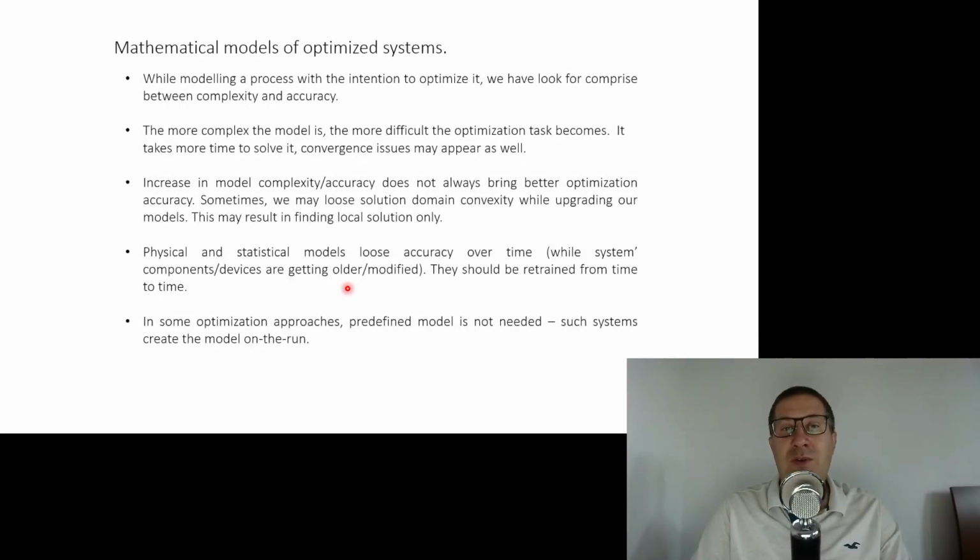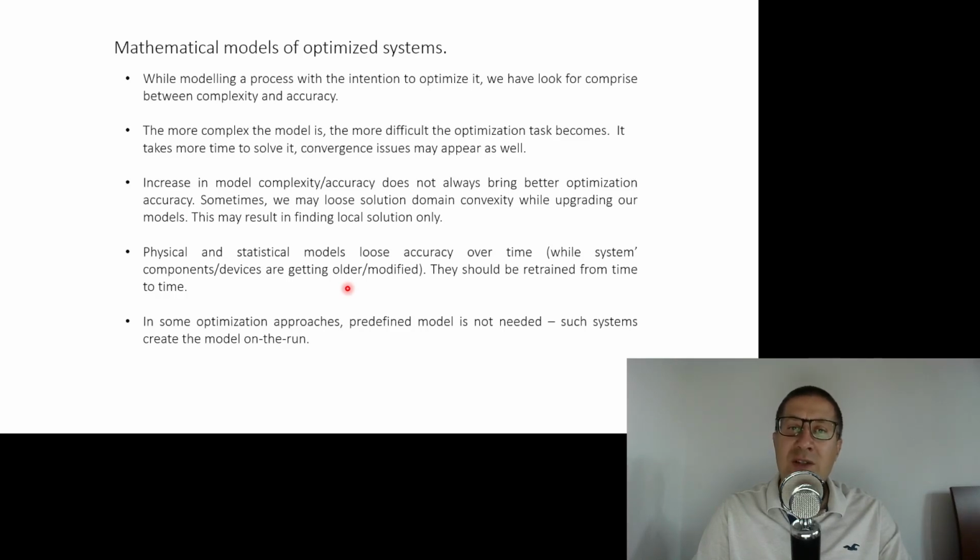So while modeling a process with the intention to optimize it, we have to look for a compromise between complexity and accuracy. We can have a very accurate model, but it could be hard to use in the optimization procedure. We can have linear equations that form our model, but they might not be accurate enough, and the solution found using such an optimization procedure might not be possible to apply in reality.